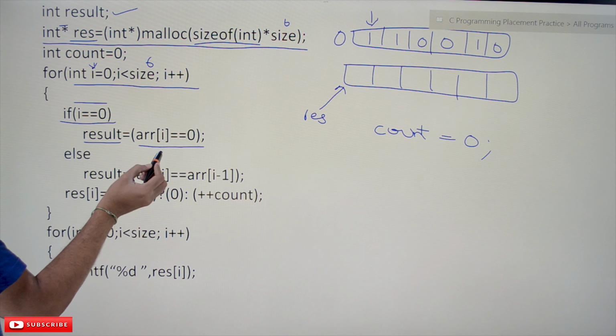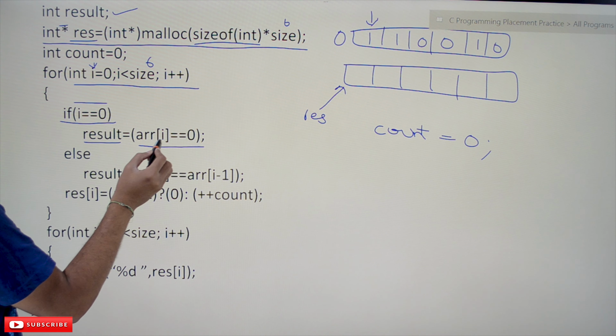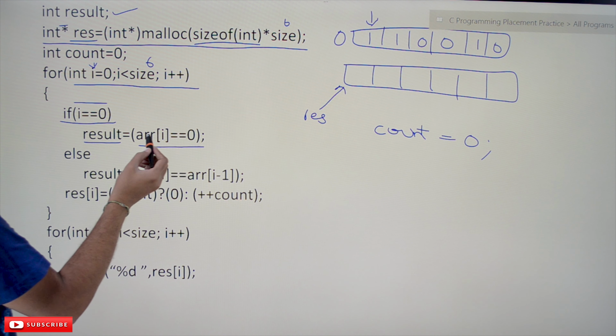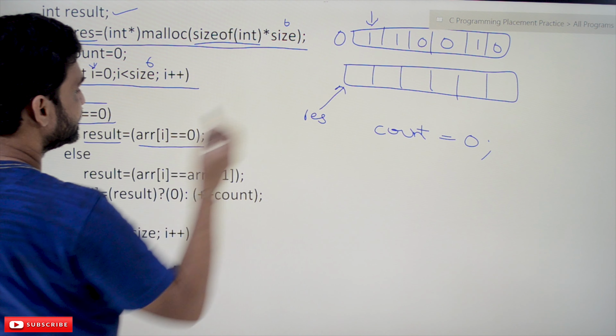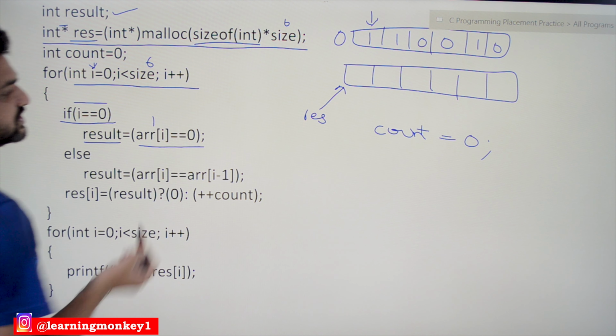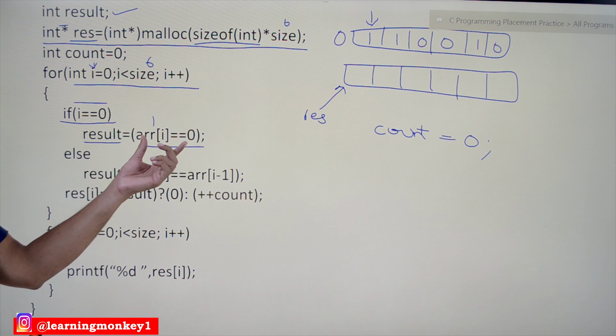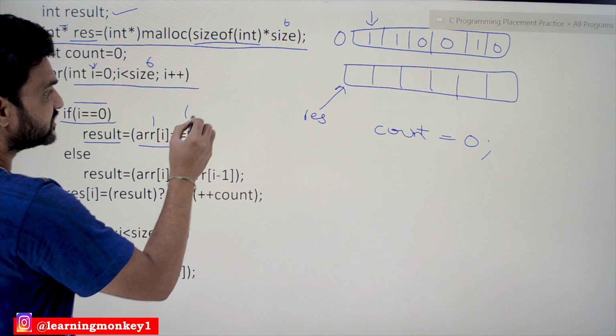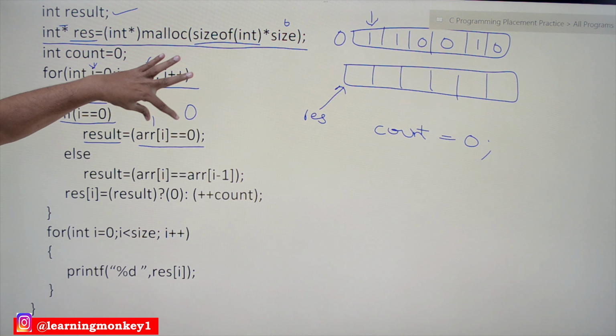So arr[i] is equal to 0? What is arr[i]? It is 1. 1 is not equal to 0, so this is going to generate an output of 0. So the logic is getting satisfied.